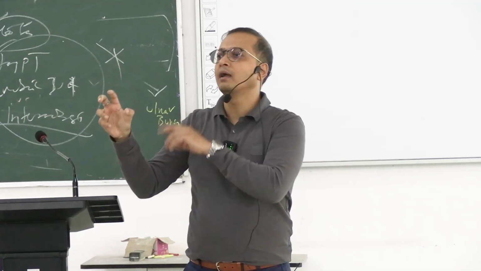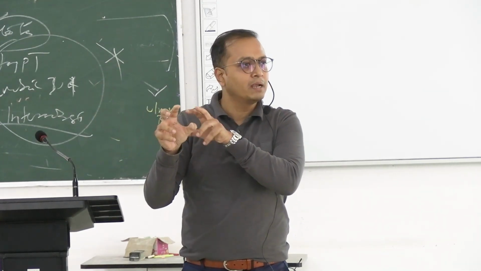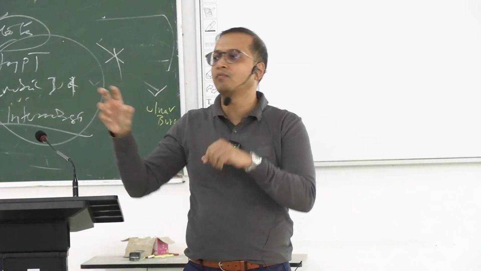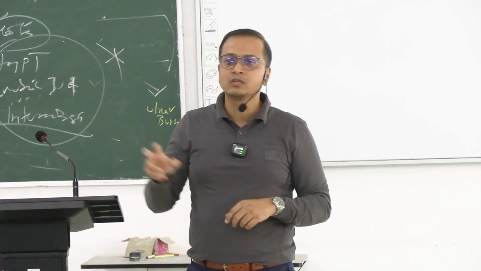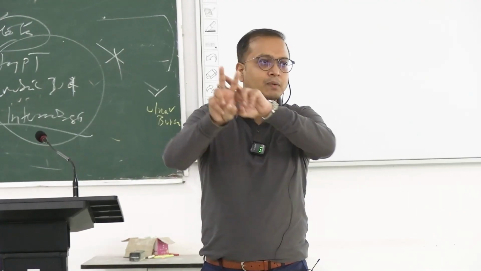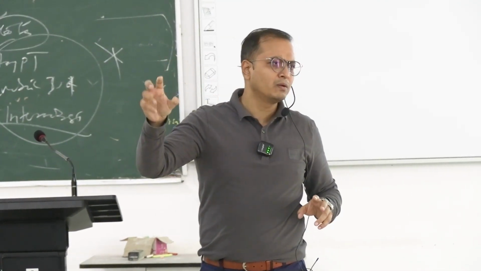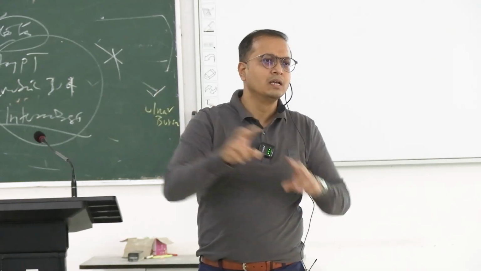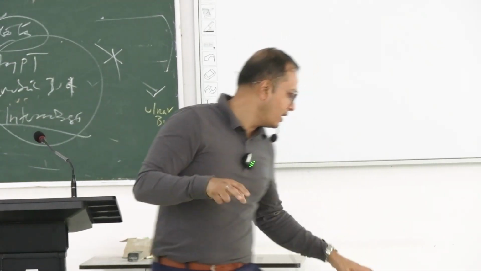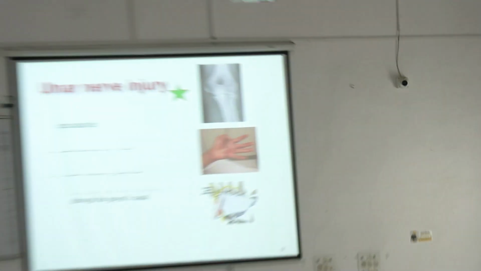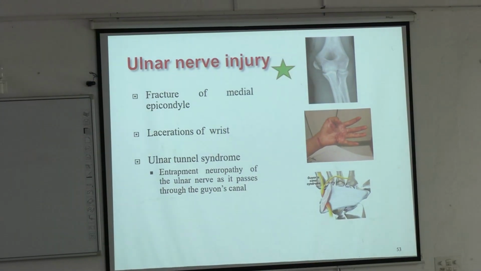So this sign, where you have the incomplete making of the fist, which looks like a claw, we call claw hand deformity. Why this claw hand deformity? In these fingers, this region is supplied by lumbricals 1 and 2, which are supplied by the median nerve.